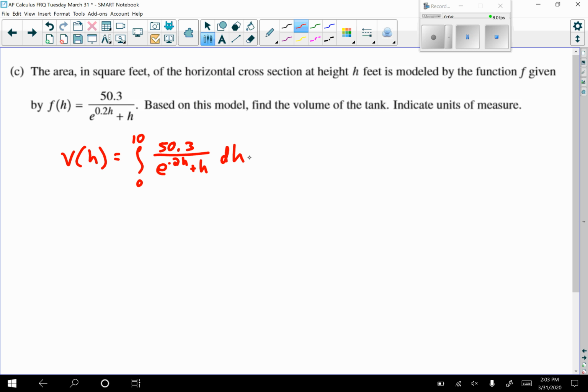We just type this into our calculator, and you should get 101.325, again cubic feet. You get 2 points for this: 1 point for writing out the integral using this new function (you could have also just written f of h, that would have counted too), and 1 point for that answer. Again, the units of measure tie in to that final point.